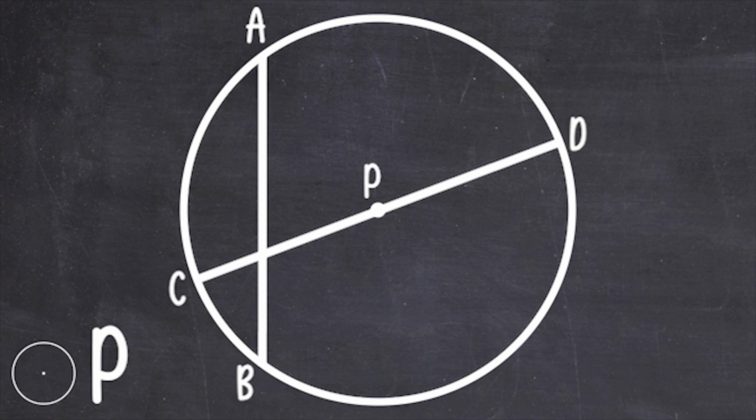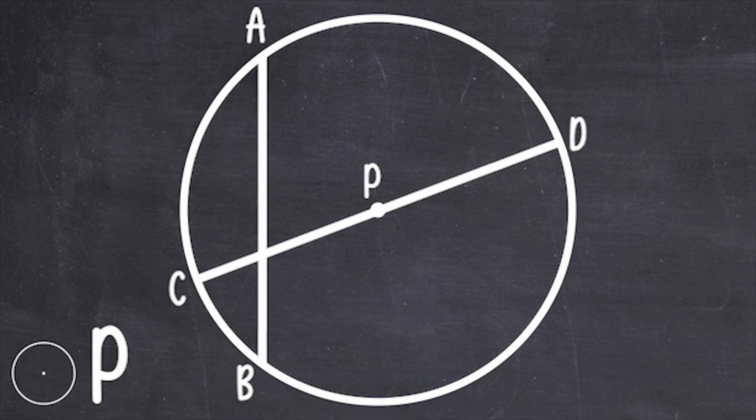Well, line segment AB has endpoints that are along the circle, but it does not pass through the center of the circle, so you cannot measure the diameter of the circle with that line. What about line segment CD? Line segment CD has endpoints along the circle, and it passes through the center point P. Thus, you can measure the length of the line segment CD to measure the diameter of the circle.